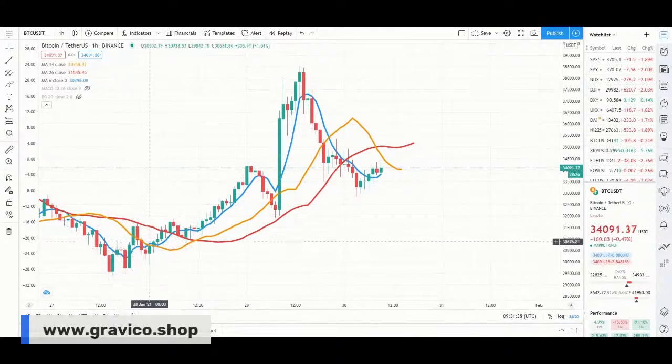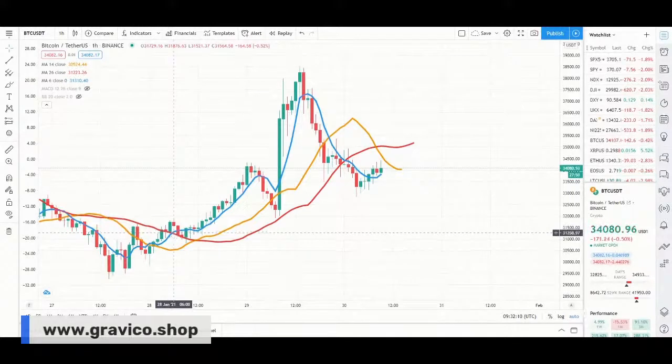When the blue starts to cross the yellow, that tells you that you are about to take a position. On a 1 hour time frame, you can do it in the second hour, or you can put a limit position going long. Do not do a market order yet.